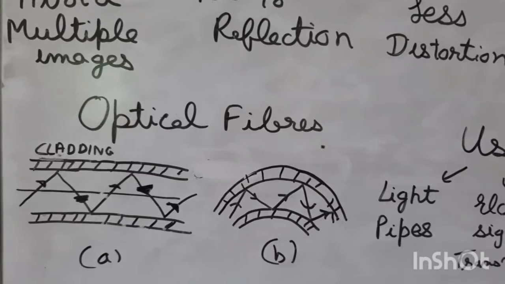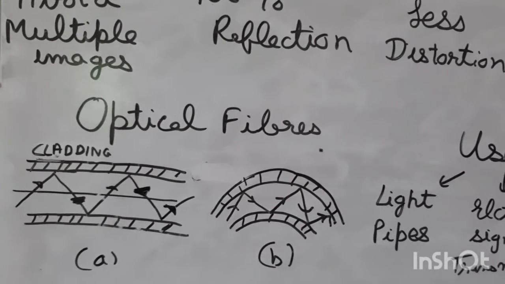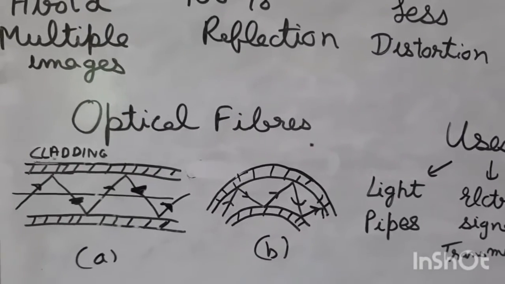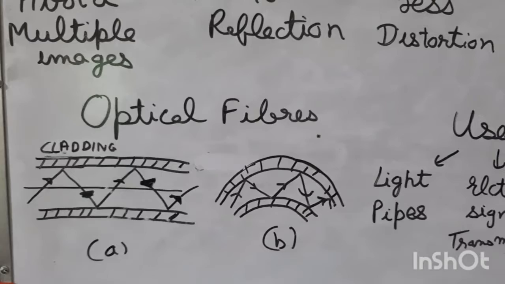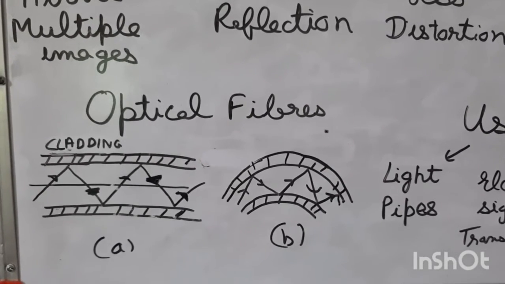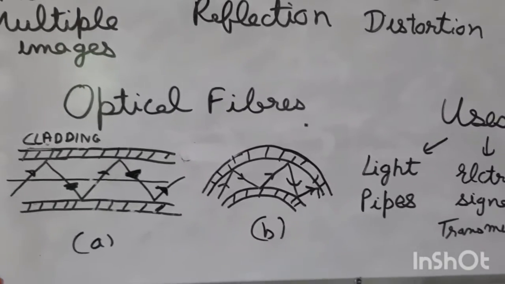Okay students, if this condition is not met then the total internal reflection will not take place, because total internal reflection has two conditions. First is that the light ray must travel from denser to rarer medium, and the second is the angle of incidence should be greater than the critical angle.